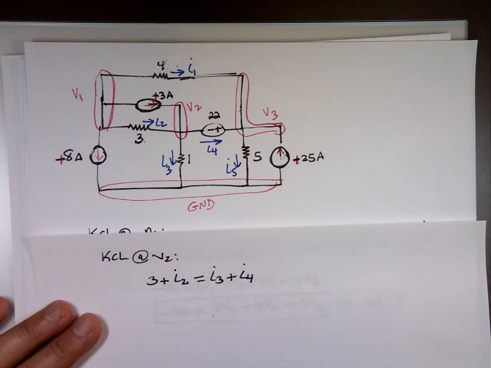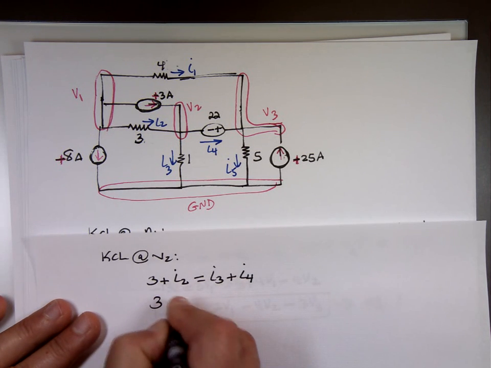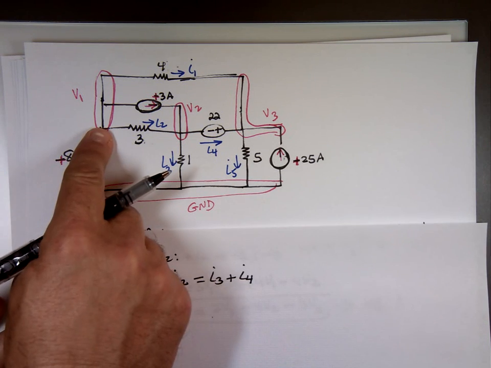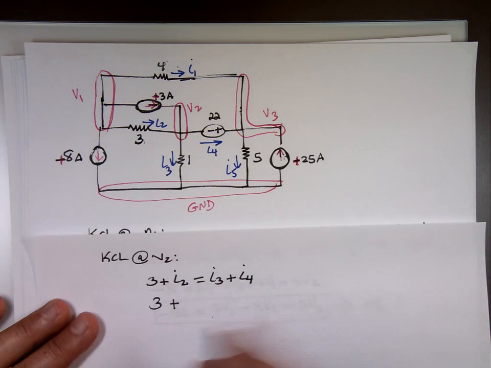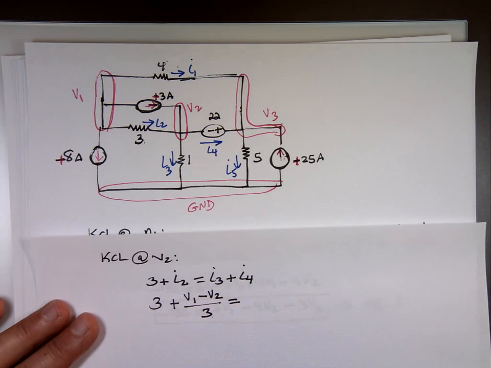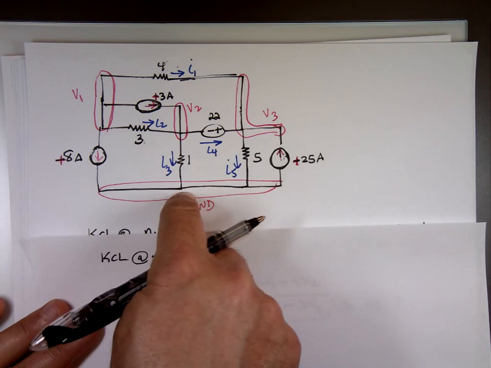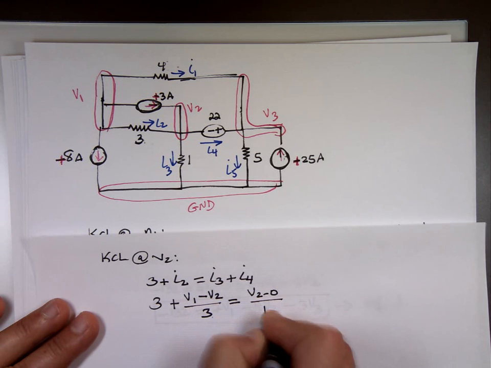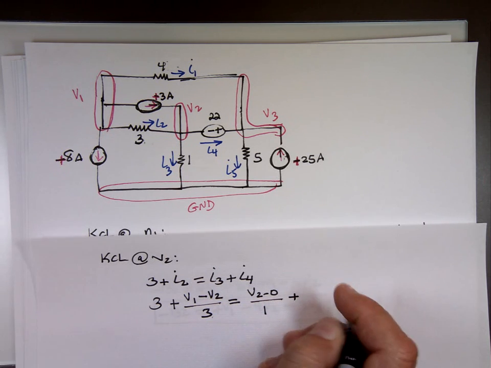Let's change everything. 3 plus I sub 2. What's I sub 2? It's V1 minus V2 divided by 3, equals I sub 3, which is what? V2 minus the ground over 1 plus I sub 4.